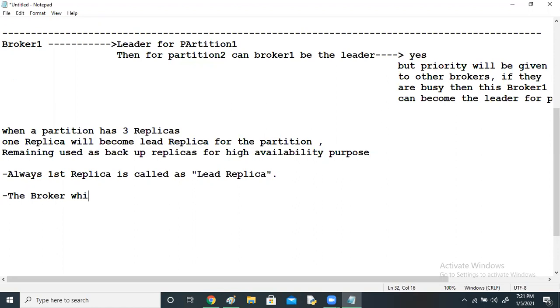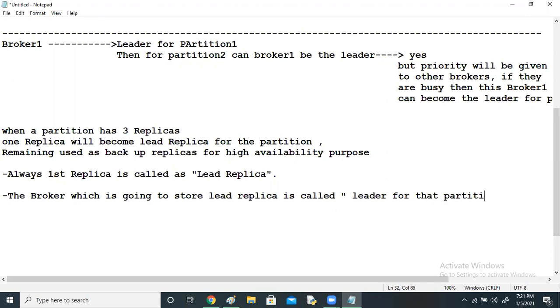The broker which is going to store the lead replica is called the leader for that partition.